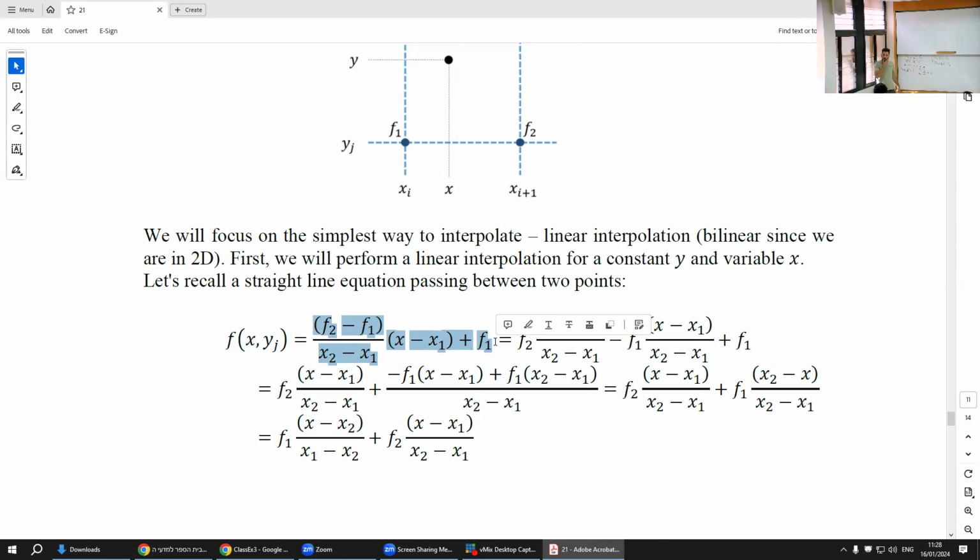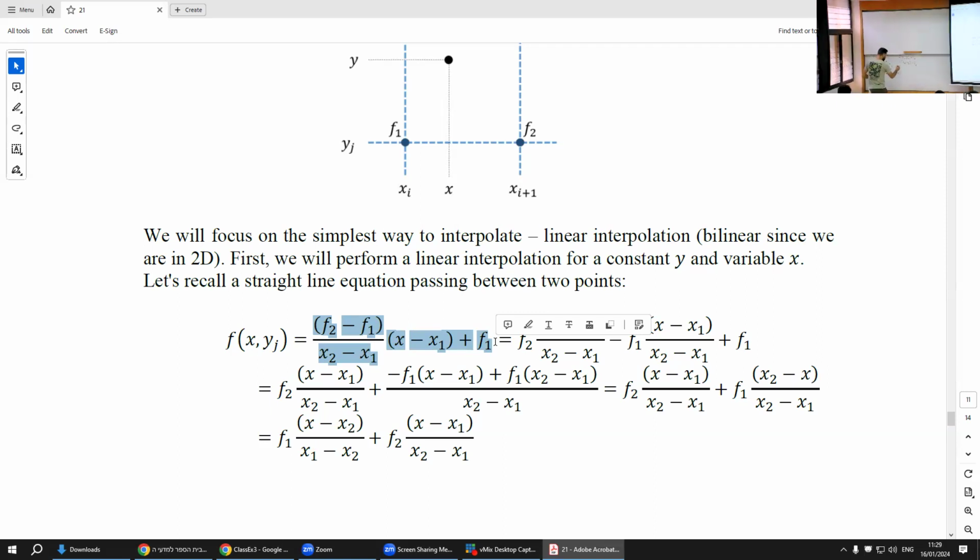This is something you know, I think, from high school, but with a little bit of rearranging we can see that this is exactly the Lagrange polynomial of two points. That's for you to check.